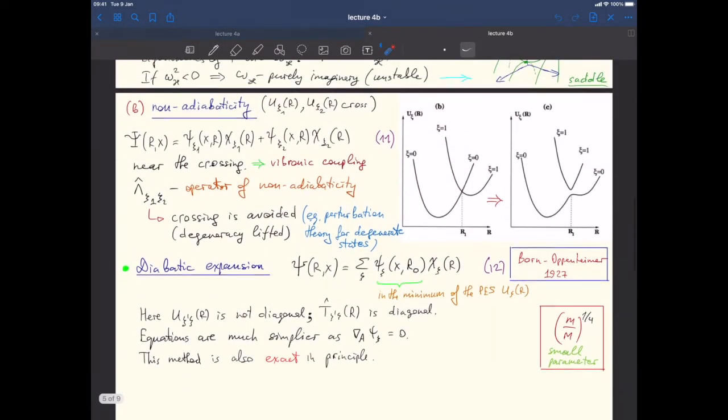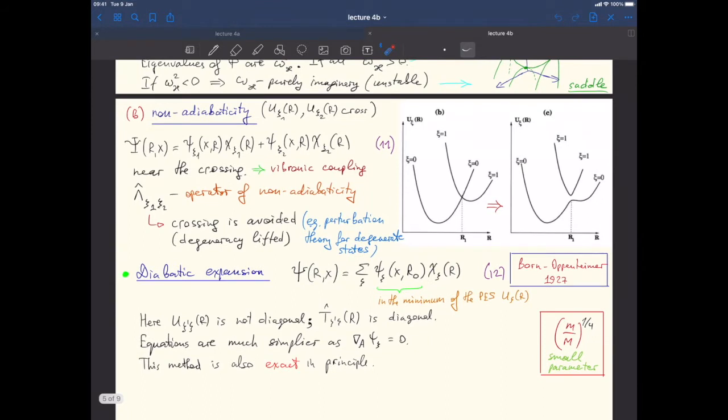And this is a rather difficult thing to do. So a lot of approximations and different methods are being developed to do this kind of job. But importantly, what you find after solving these equations is that you lift this degeneracy at the crossing, and you would have the potential energy surface of the ground state having this double minimum, and the potential energy of the excited state lifted up, creating here a little kind of opening, a gap.